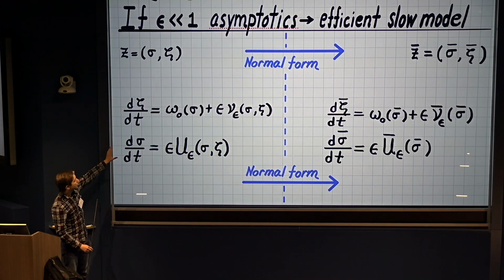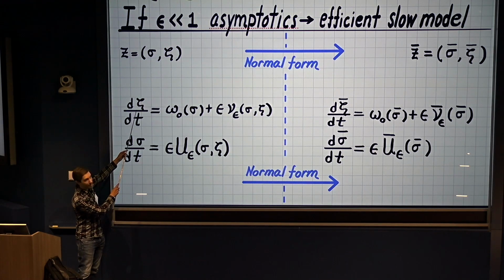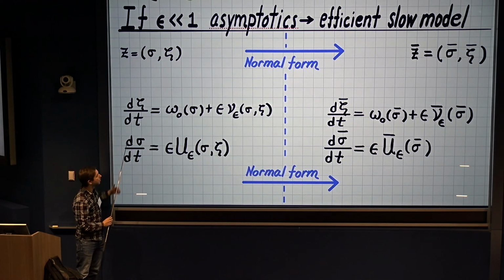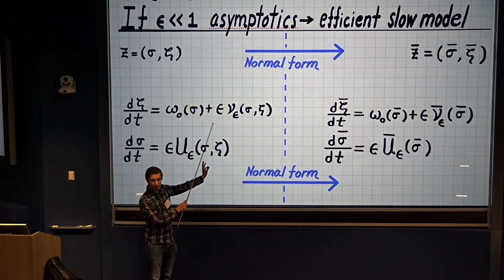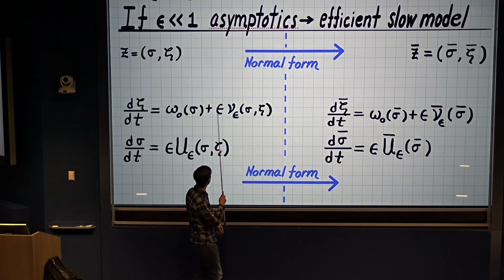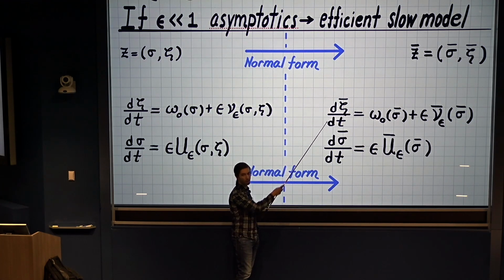So what Kruskal showed is that if you write your system in terms of variables where one of them is a fast phase, and the rest are grouped in this letter sigma, there's a normal form transformation. In other words, there's a sequence of near-identity coordinate transformations on phase space that changes you from the unbarred zeta and sigma variables to the barred ones.